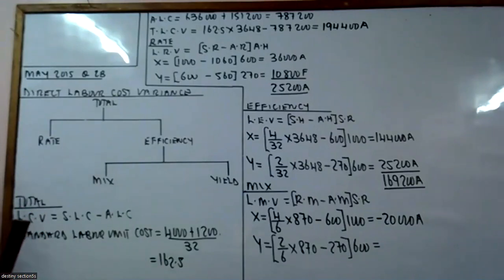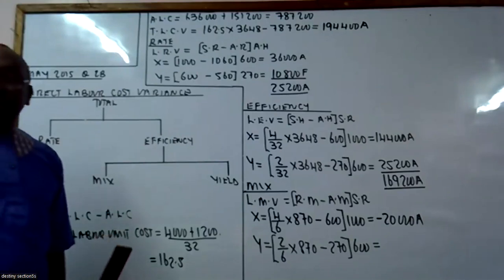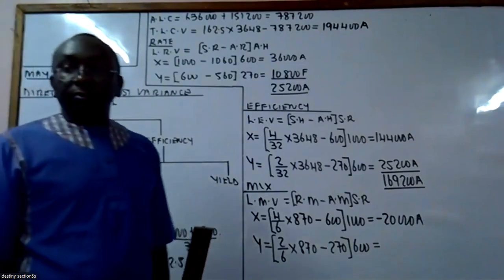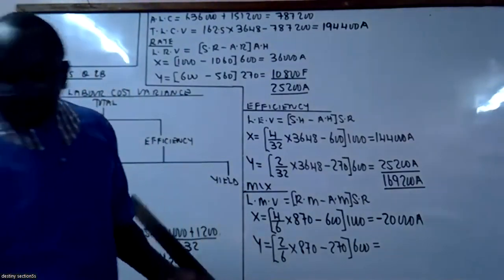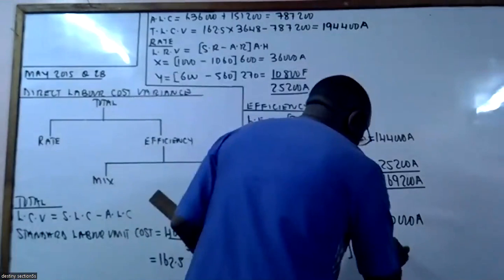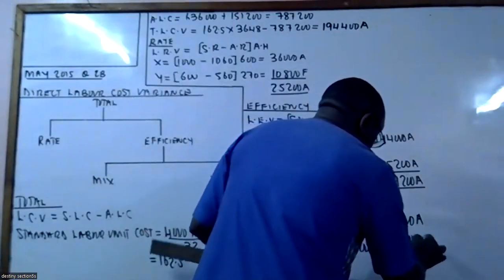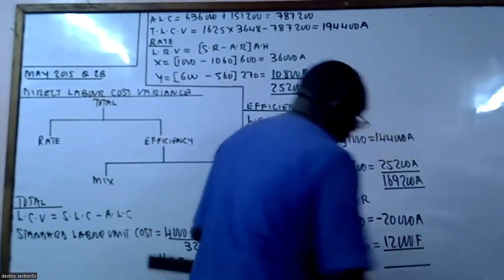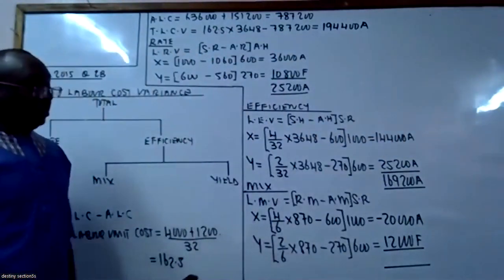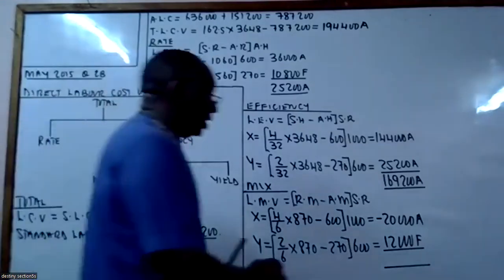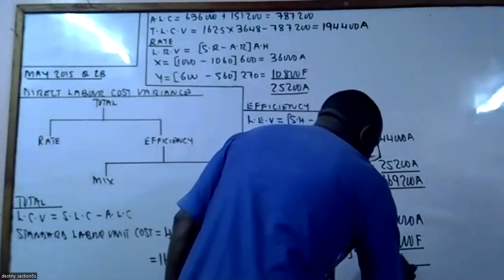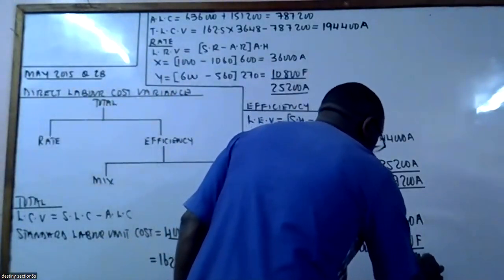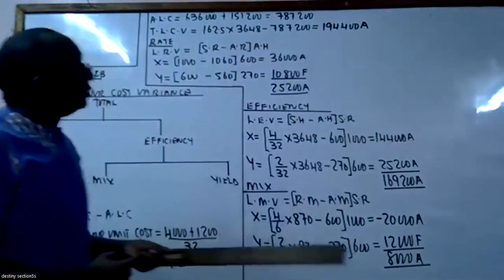That was the rate. Tell me what that is. Yeah, 12,000 favorable. So if you combine these two, that obviously will give you 8,000 adverse.